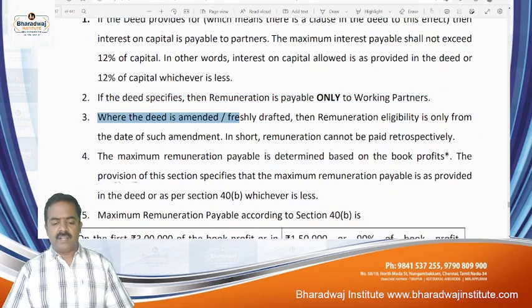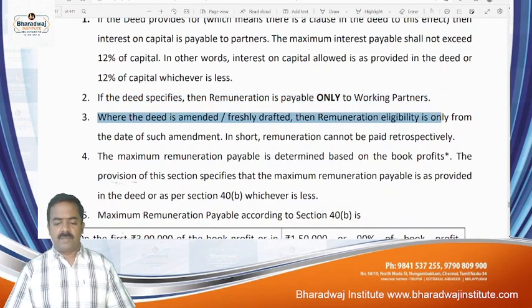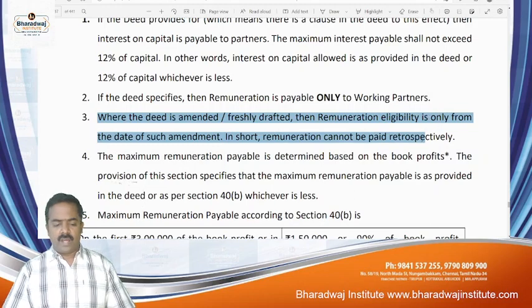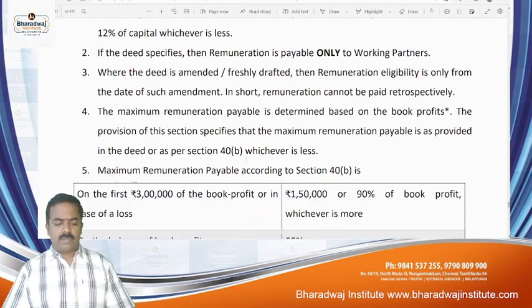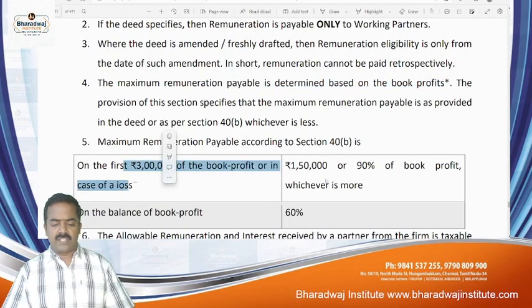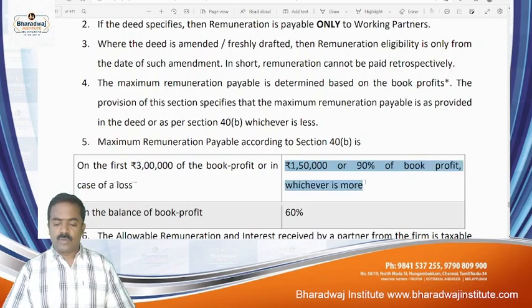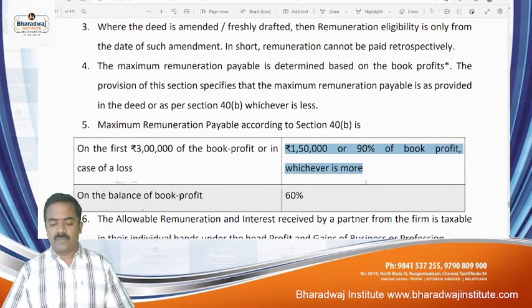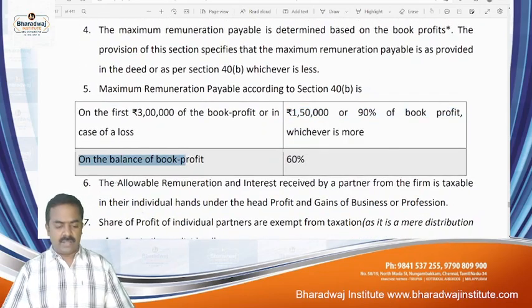Whenever the deed is amended or freshly drafted, then remuneration eligibility is only from what? Date of amendment that is done. Maximum remuneration payable is determined based on which one? Book profit. So first 3 lakhs of book profit, or in case of loss, how much is payable? 1,50,000 or 90% of book profit, whichever is more. Okay. On the balance of book profit, how much?